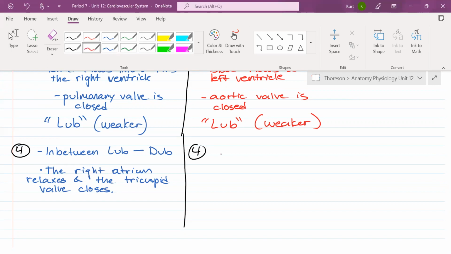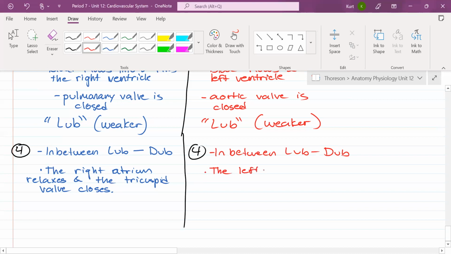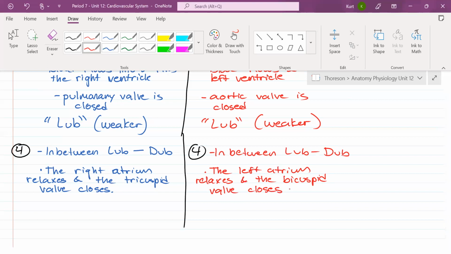All right, moving on over here. This is almost identical. In between the lub dub, the left atrium relaxes and the bicuspid valve closes. Once again, why would it be very important for your bicuspid valve to close once blood has entered your left ventricle?